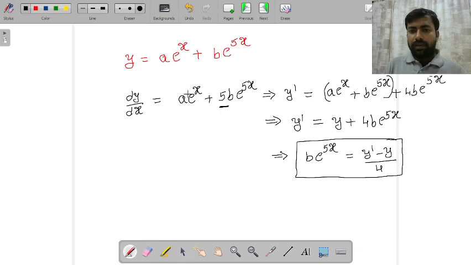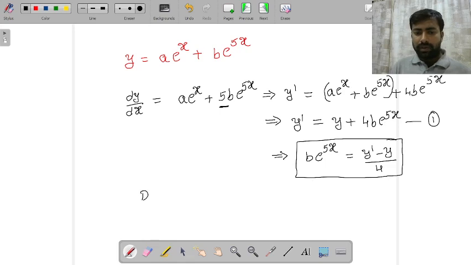So now actually in this expression we eliminated a, right? So now it is enough to eliminate b from this expression. So now let us do one thing. Let me assume this one as 1, right? So let us differentiate one more time.